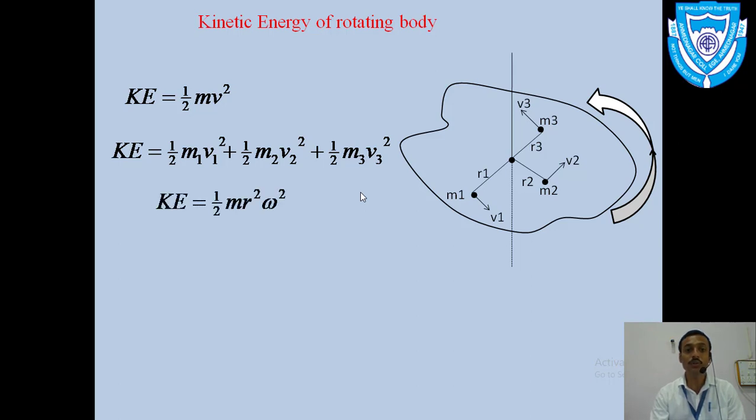Now v is equal to r omega. We already saw this relation in the previous session. So here, instead of v, we put r omega, where omega is the angular velocity of the rigid body and r is the distance from the axis of rotation.